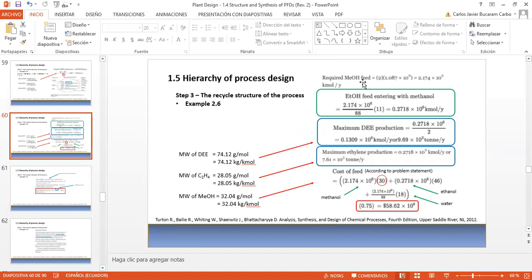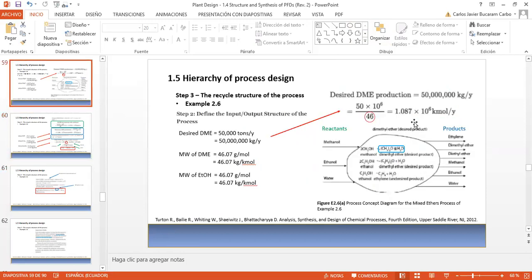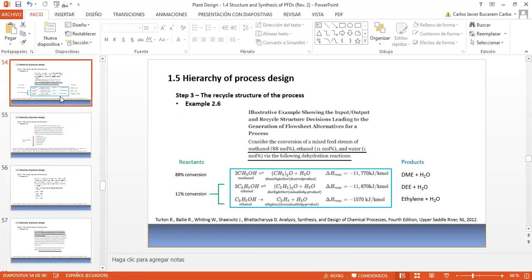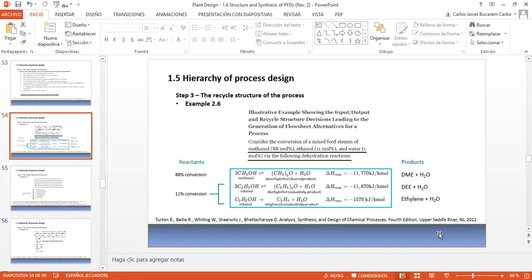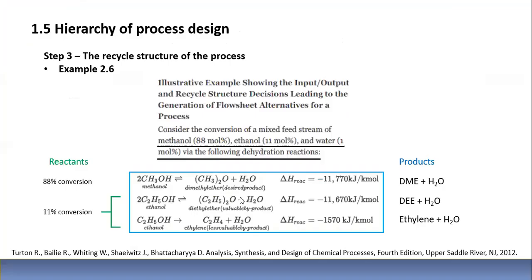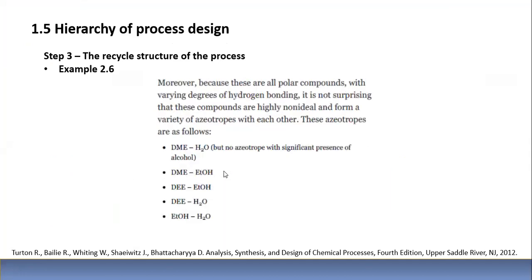We can see here the required methanol feed. In this slide, you see there is a 2 to 1 mole ratio of dimethyl ether to methanol, 2 to 1.